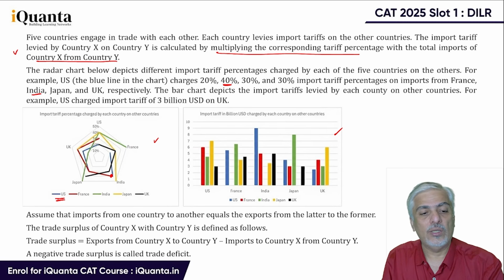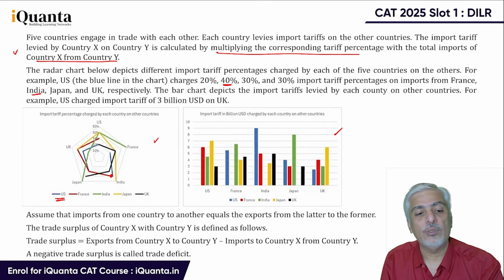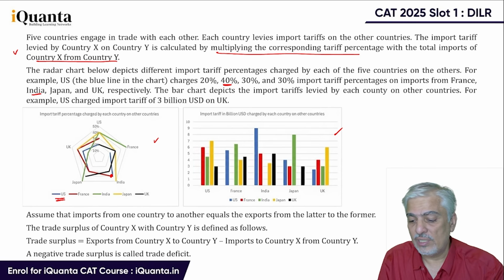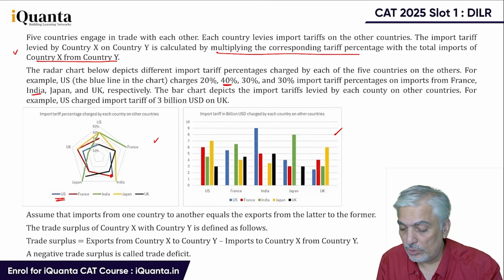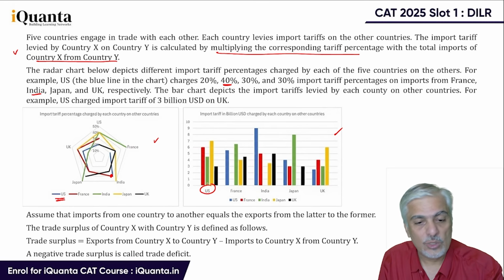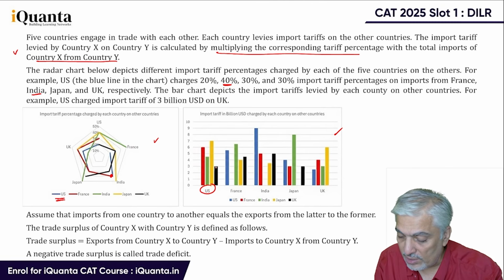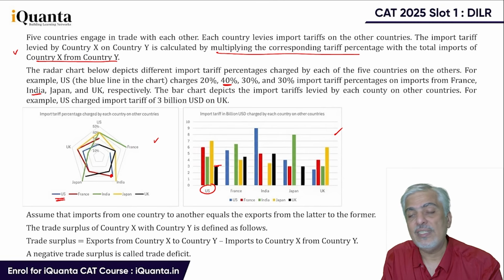Okay. Now let's go ahead further. The bar chart depicts the import tariff levied by each country on other countries. For example, US charges import tariff of 3 billion US. This is not percentage. This is actual. So this is the answer which we should have got by multiplication. So for example, they're saying US charges import tariff of USD 3 billion on UK. So US to UK, whereas UK is what color? Black. So this is 3 billion. So where has this 3 billion come from?